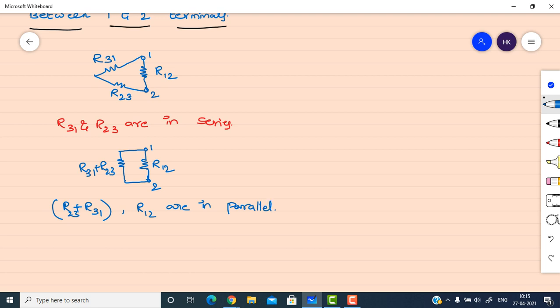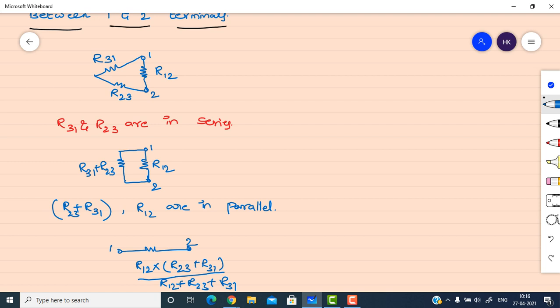Between terminals 1 and 2 you get the equivalent resistance, which is the parallel combination of these two. Parallel combination means R1 into R2 by R1 plus R2 if R1 and R2 are in parallel. So here it is R12 into (R23 plus R31), divided by R12 plus R23 plus R31. This is the equivalent resistance between terminals 1 and 2 in case of delta.